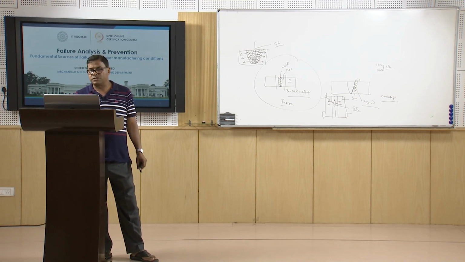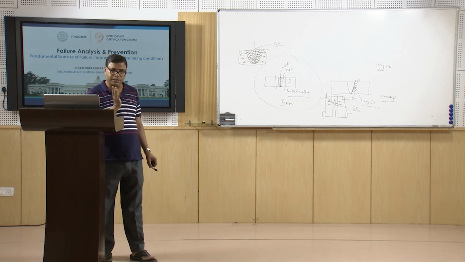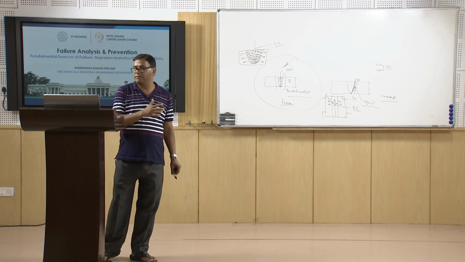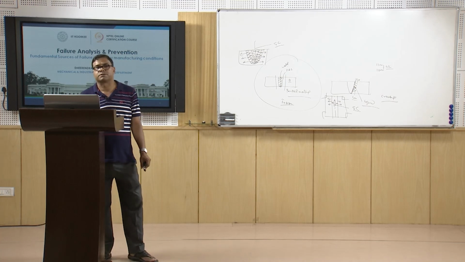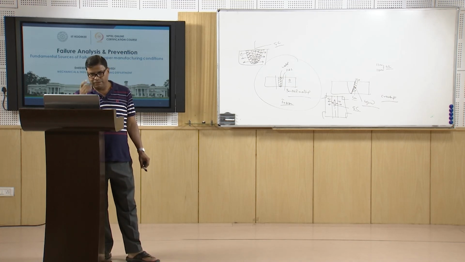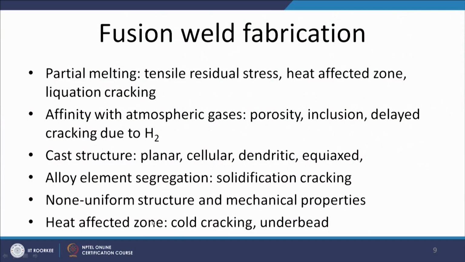So, non-uniform structure and non-uniform mechanical properties are primarily attributed to the variation in composition as well as varying cooling rates experienced by the metal during welding. You know that the heat affected zone is a unique phenomenon of welding, formed next to the weld zone, and it becomes very sensitive to cracking, especially in the case of hardenable metals like steel and cast iron, and which may appear in the form of cold cracks and underbead cracks.